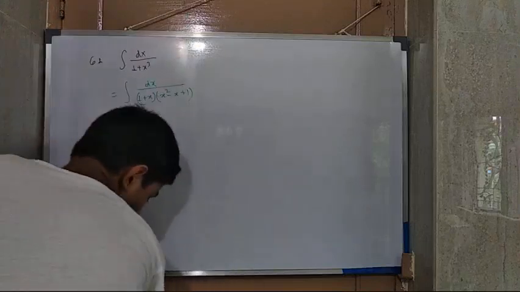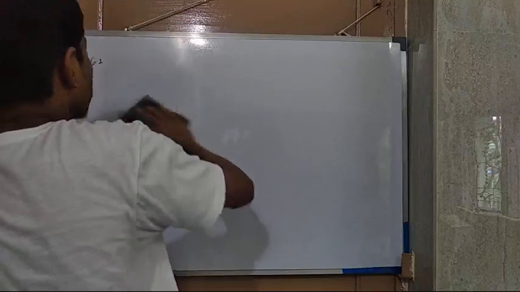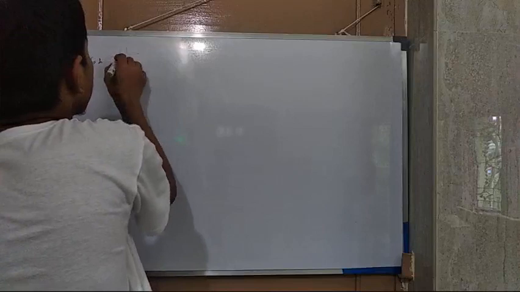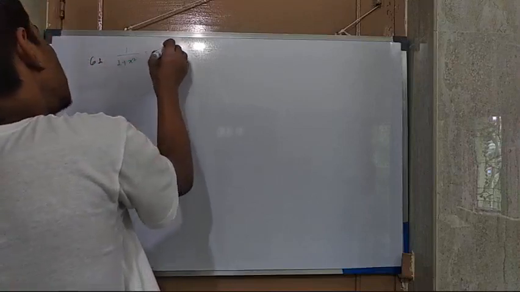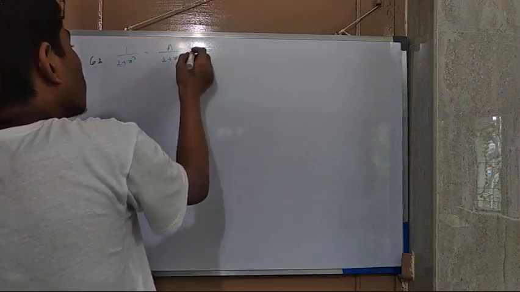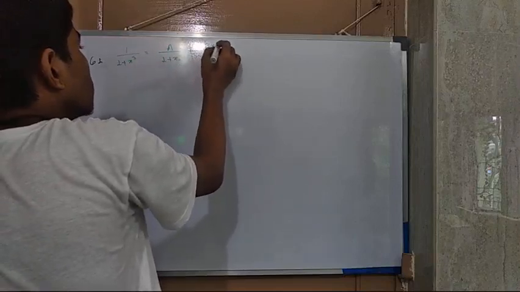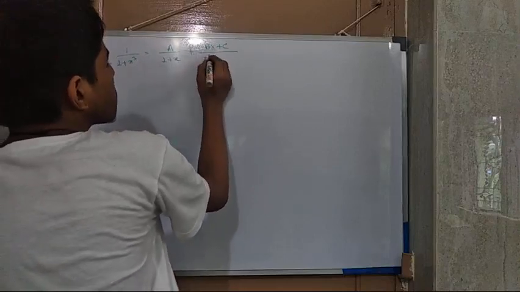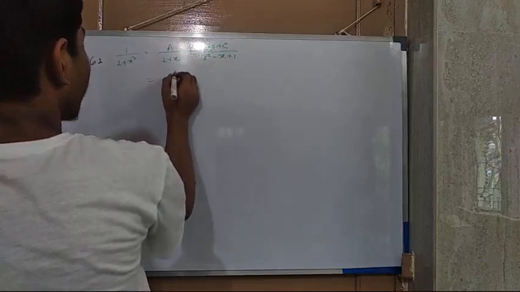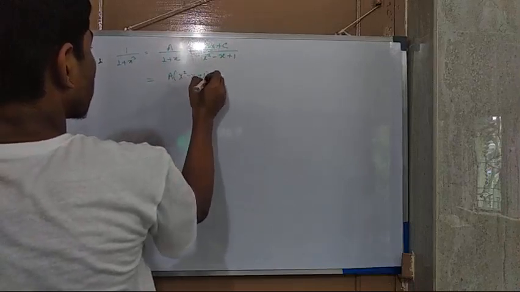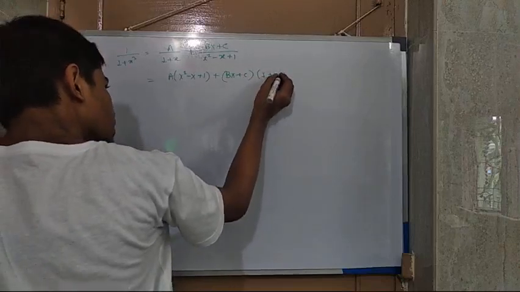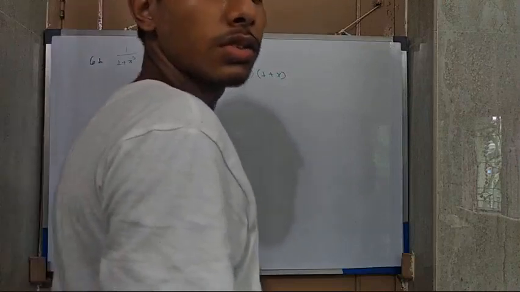So 1 by (1 plus x cube) is equal to, suppose, a by 1 plus x plus (bx plus c) divided by (x squared minus x plus 1). So this is actually a times (x squared minus x plus 1) plus (bx plus c) times (1 plus x).